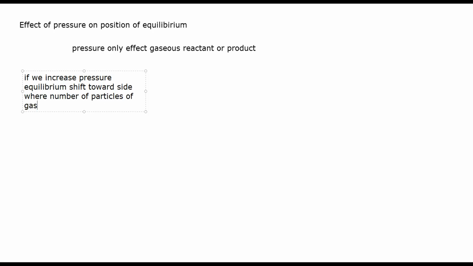So for example, if we increase pressure, the equilibrium shifts towards the side where the number of particles of gas is less.